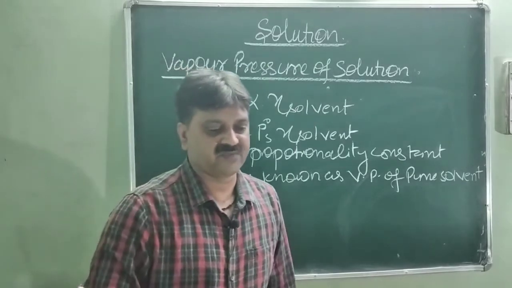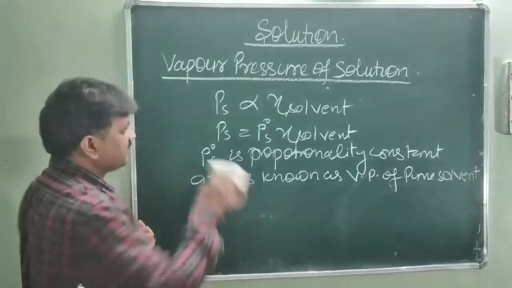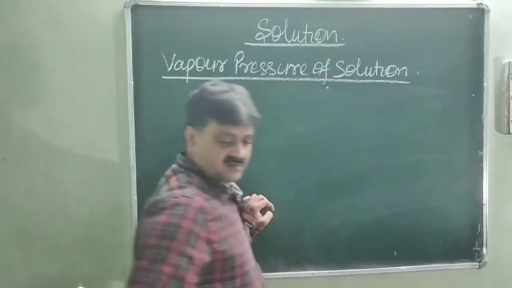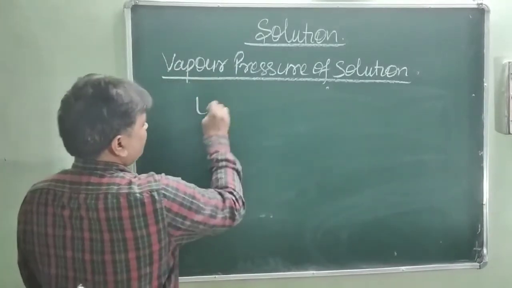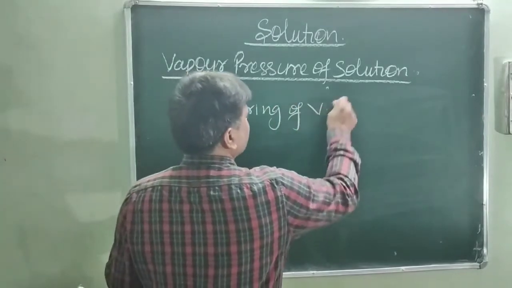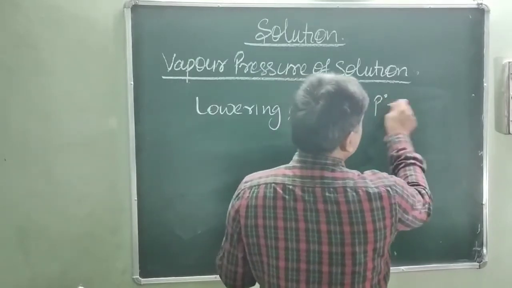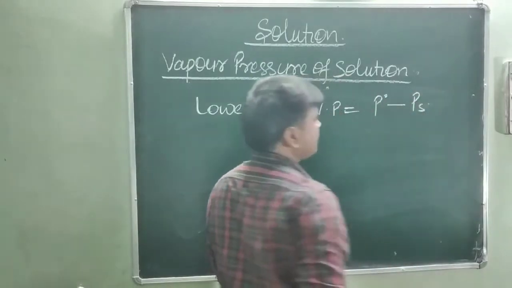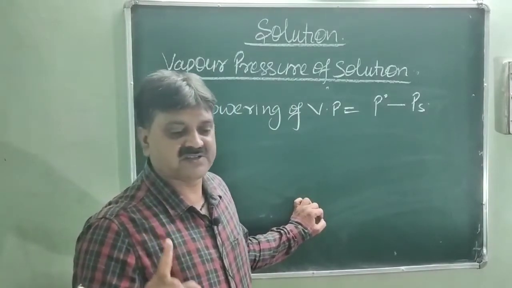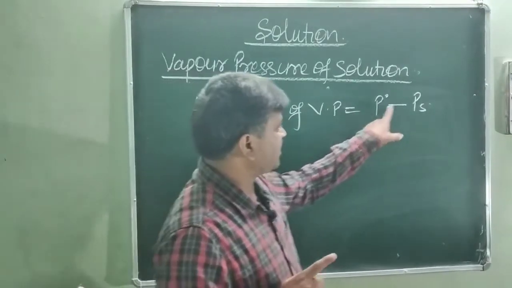Is it clear? So we can say that the lowering of vapor pressure is equal to P naught minus PS. P naught is the vapor pressure of the pure solvent and PS is the vapor pressure of the solution. So you will see here this is P naught minus PS.